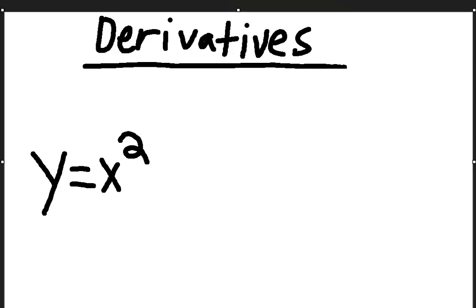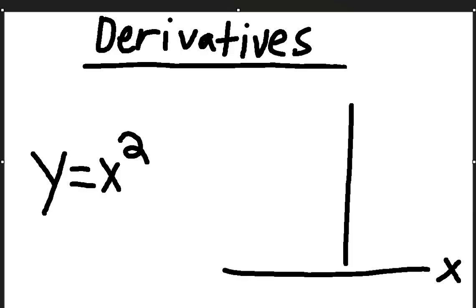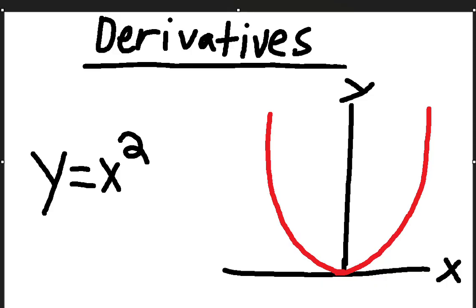Just to make it easier to visualize, I'm going to add something like this: x, y, and we'll have them intersect like that. Now in this case, the function will look like this. And let's say I want you to help me find the slope.